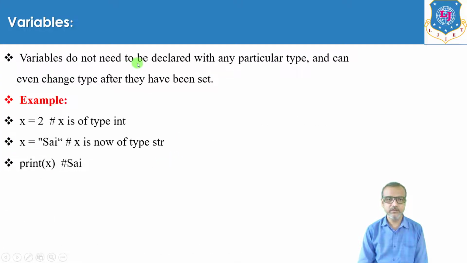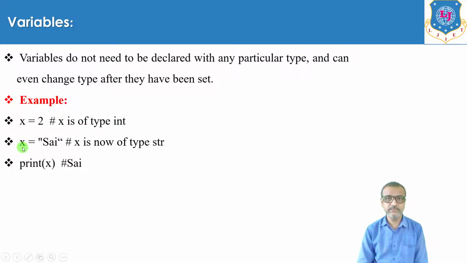Variables do not need to be declared with any particular type and can even change type after they have been set. How? I will make you understand with the help of an example. See, in the variable x, I have taken the value 2. So what is the type of this 2? That is nothing but integer, so x is of type int.